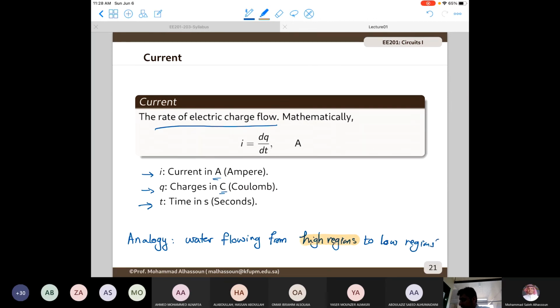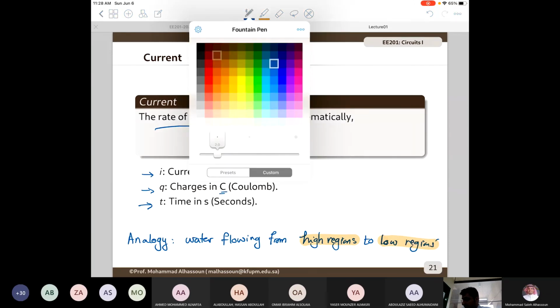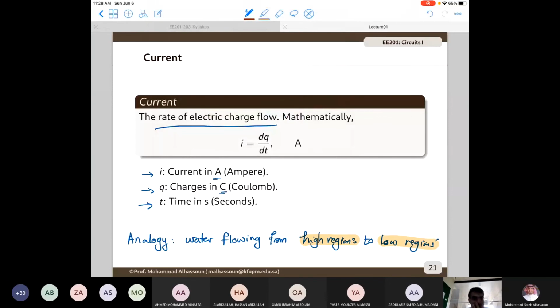When you say high region and low region in electrical engineering language, we're talking about high voltage and low voltage.